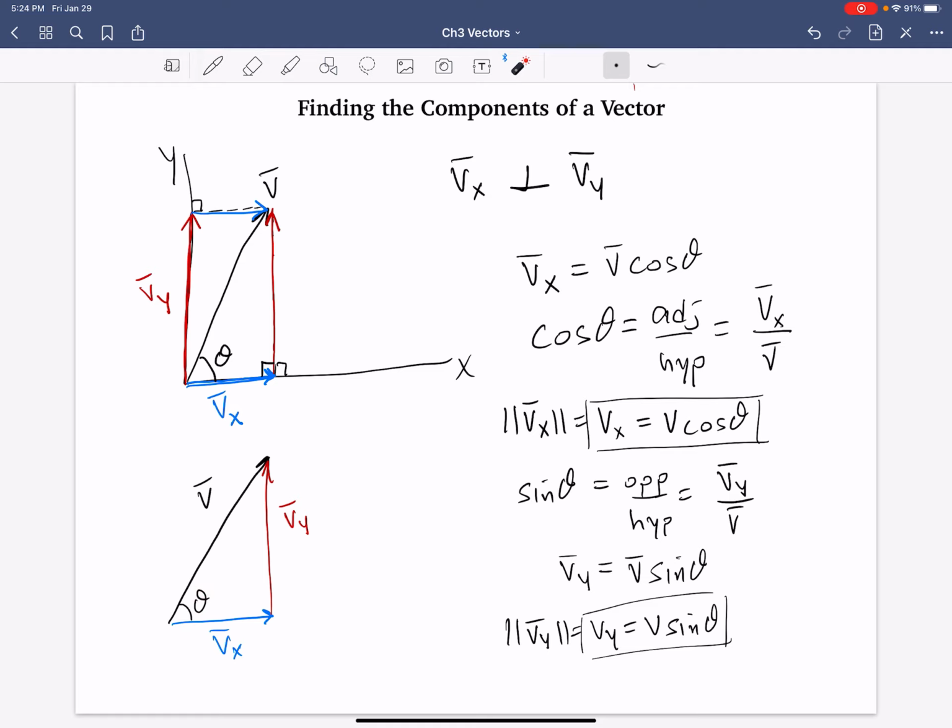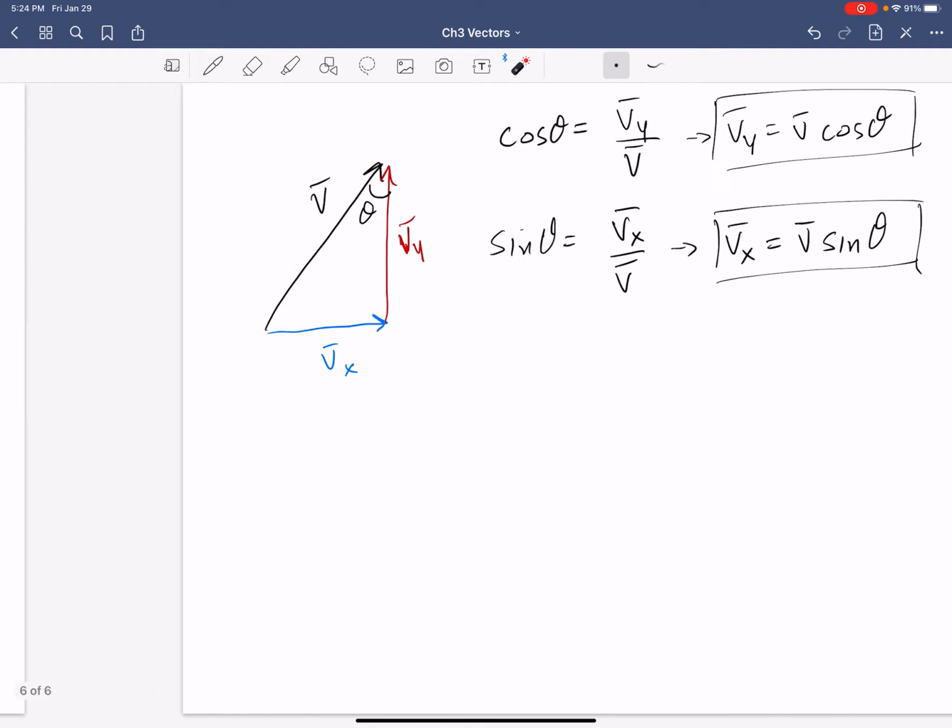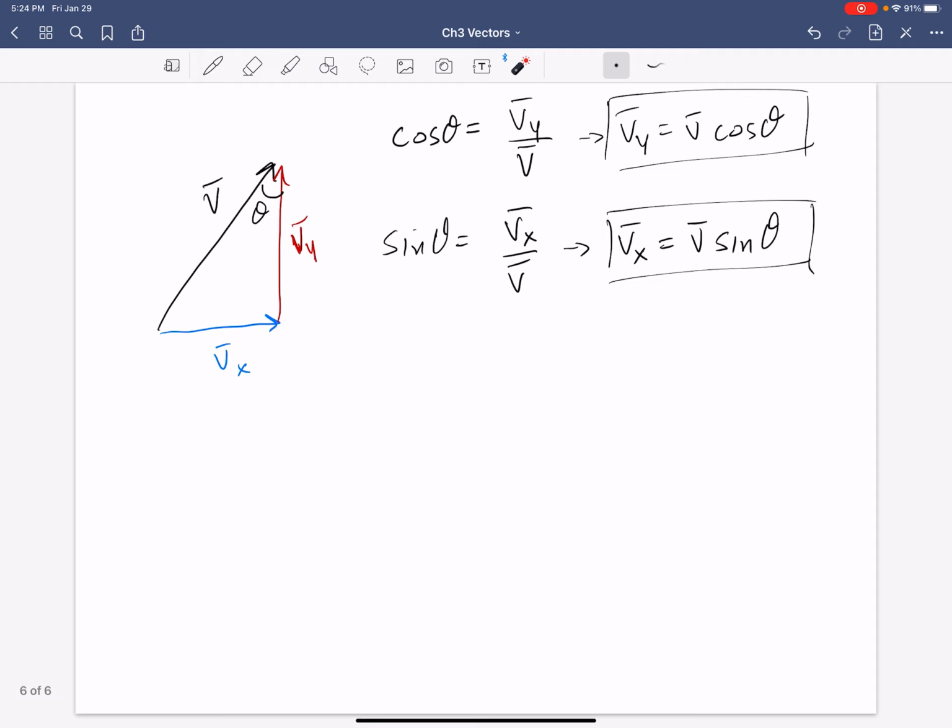In this case, it happened to be the x component, but in this case, the x component was sine. So don't always assume cosine is for x and sine is for y. You are free to choose the angle. If you always want to make this the angle theta, that's fine. You're free to choose.